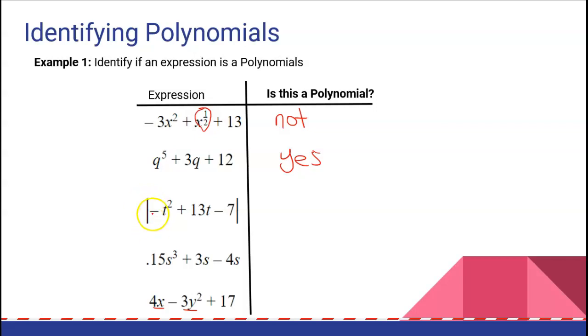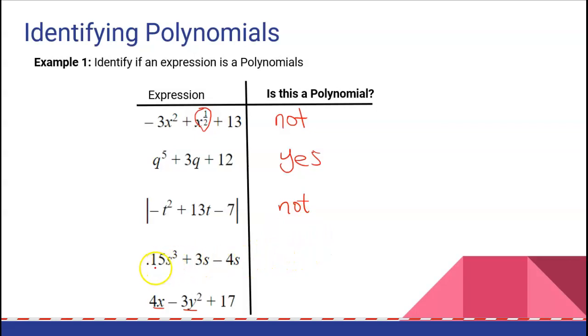The absolute value of negative t squared plus 13t minus 7, well, polynomials cannot have absolute values, so this is not a polynomial. 0.15s to the third plus 3s minus 4s. This is a polynomial.